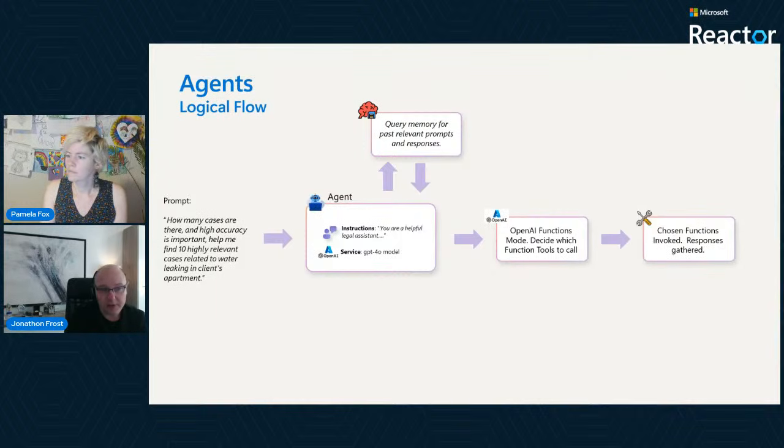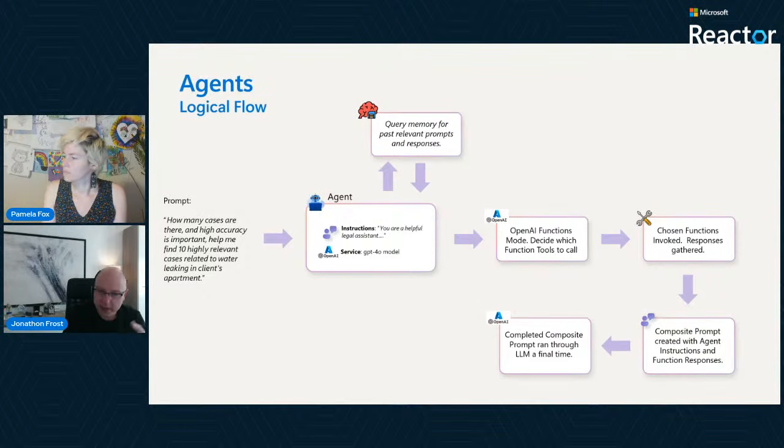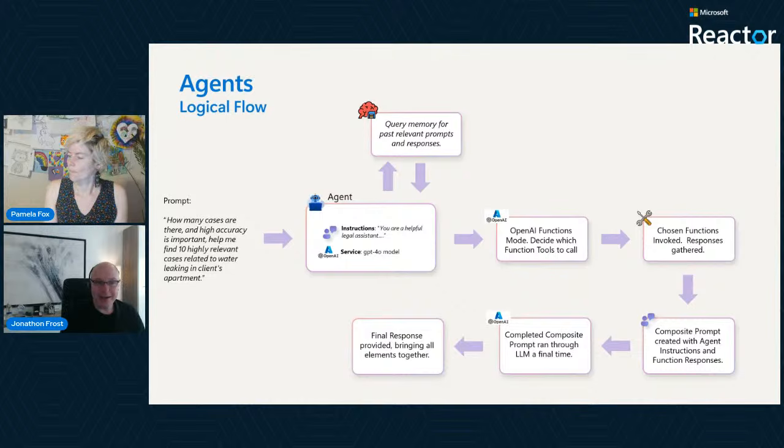The chosen functions are invoked, and the responses are gathered. Then a composite prompt is brought together with those responses, and all of that is run through the LLM one more time. And finally, we have our final response. We'll see how this works now in our code programmatically.